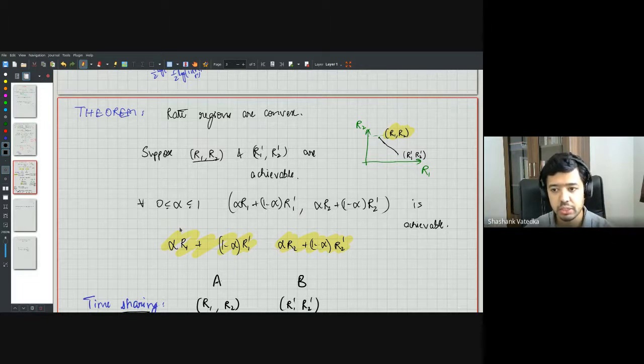So any rate which is on the line joining these two rates is also achievable. Right, and therefore the rate region is convex.